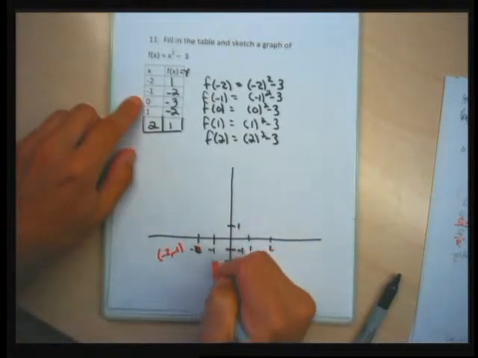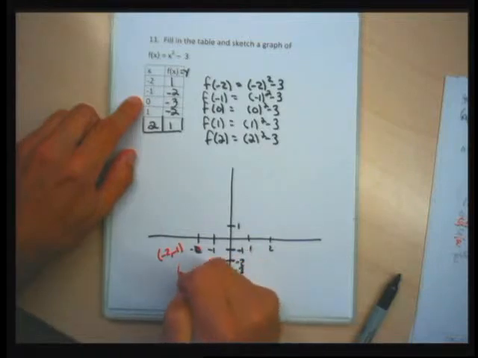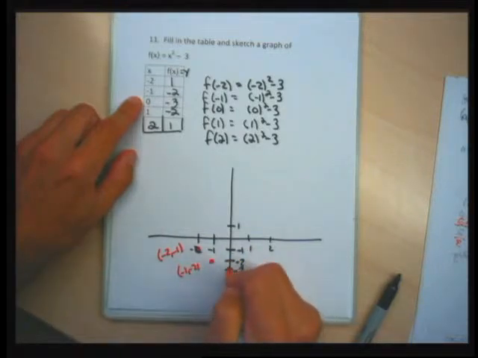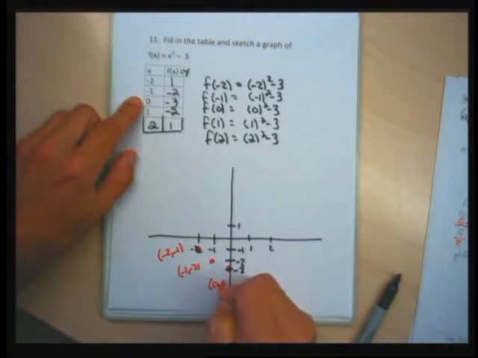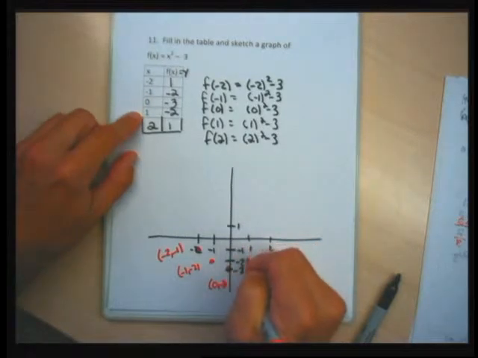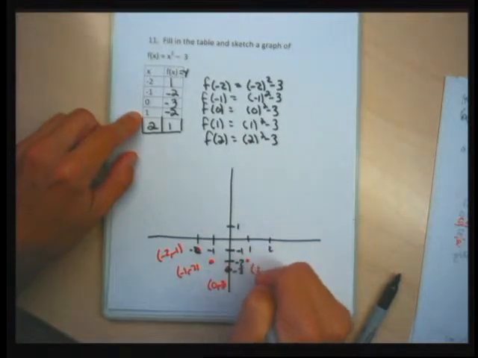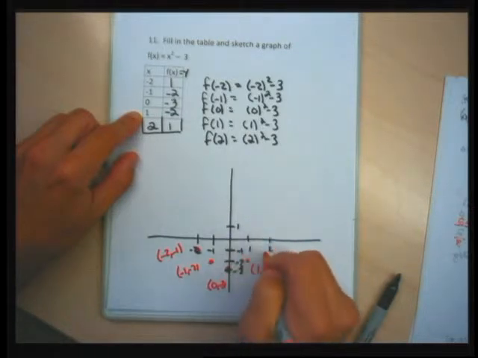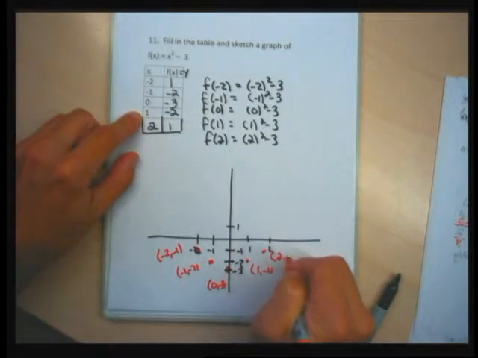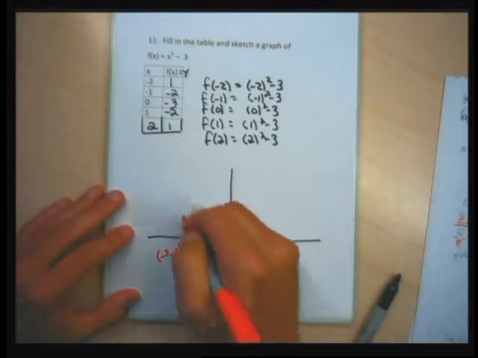Then negative 1, negative 2, then the point 0, negative 3, and then 1, negative 2, and 2, 1. It might almost look like things are going to form a V.